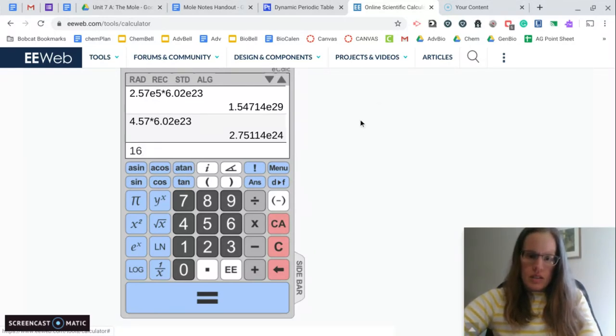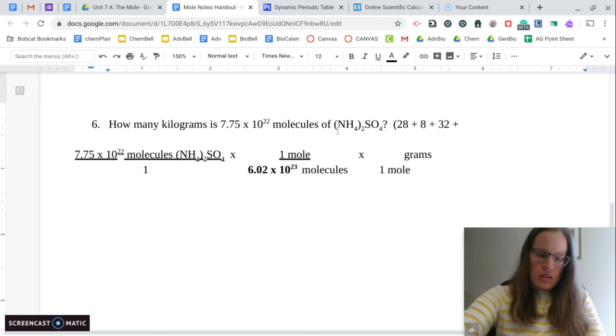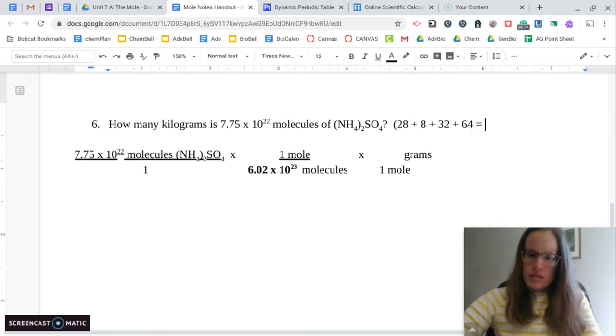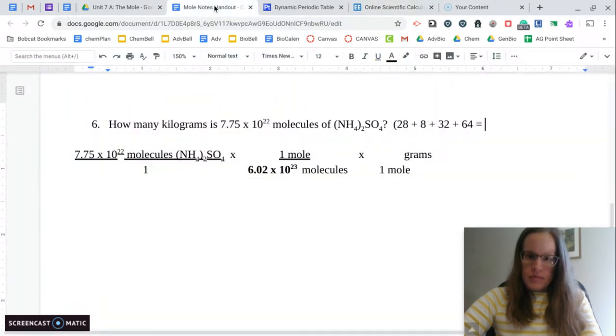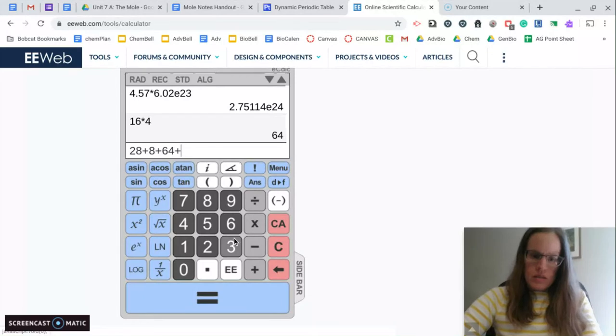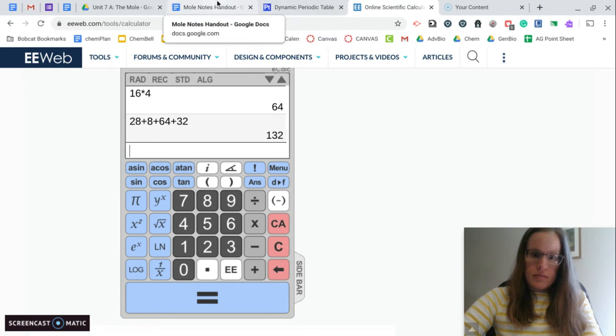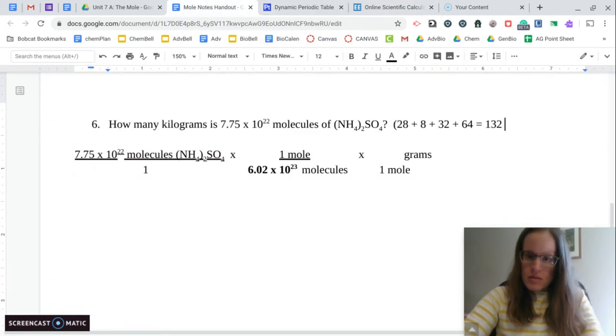It doesn't like it like that. Hit the times button. It's 64. Okay, and then you're going to plug those all into your calculator. I'm missing one of them. 32. 132. Hopefully that's right. I don't have you guys to check my math.